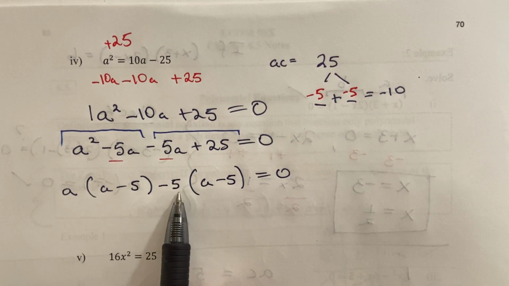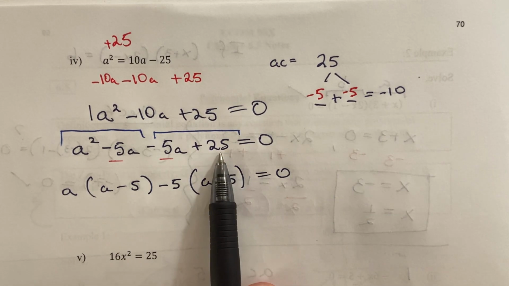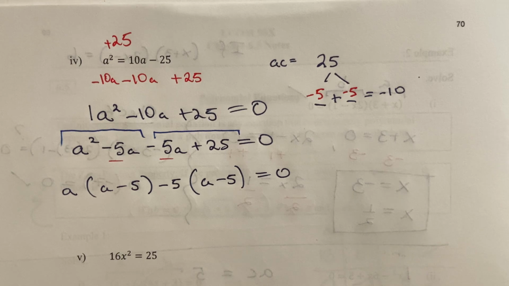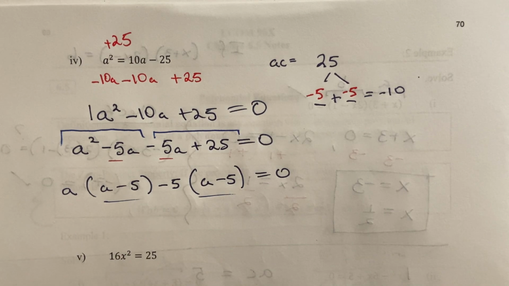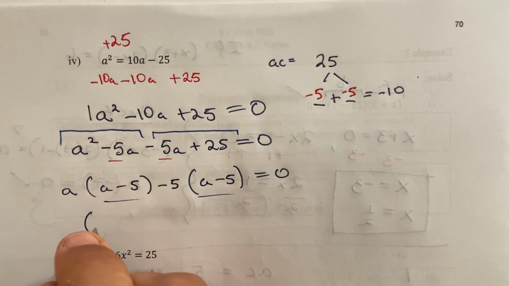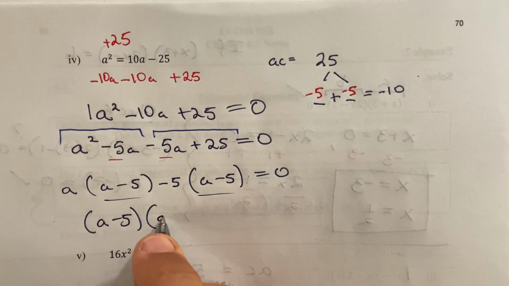Negative 5 times the a gives you the negative 5a, and then negative 5 times negative 5 gives you the positive 25. Then we have this commonality that appears. Factor it out, so a minus 5, leaving behind a minus 5.